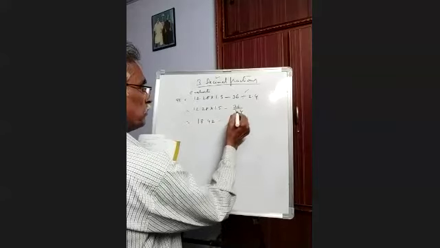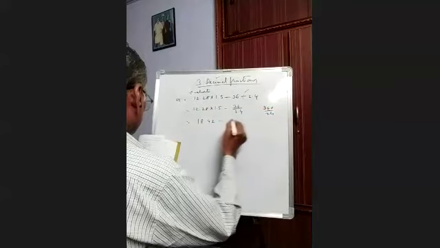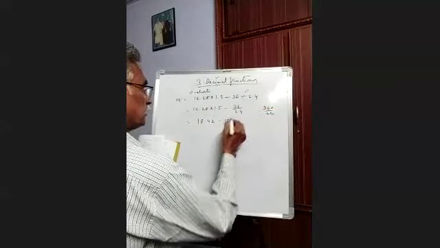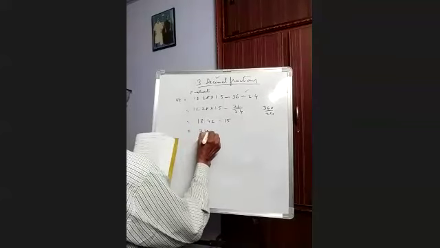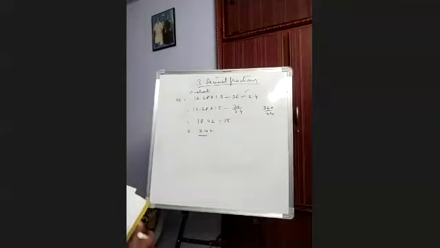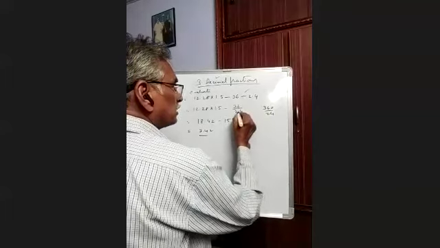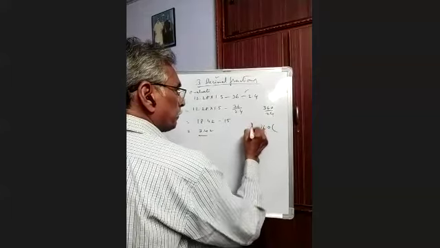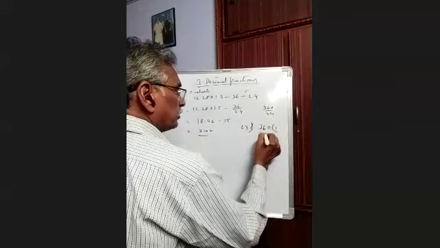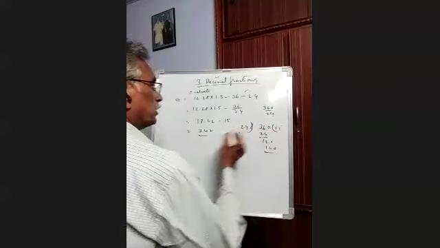Minus, we divide by this one. That means 36 division by 2.4 means 360 by 24. 1 time 24, 12 times 120, 0, 15 times. 15 will be the answer.